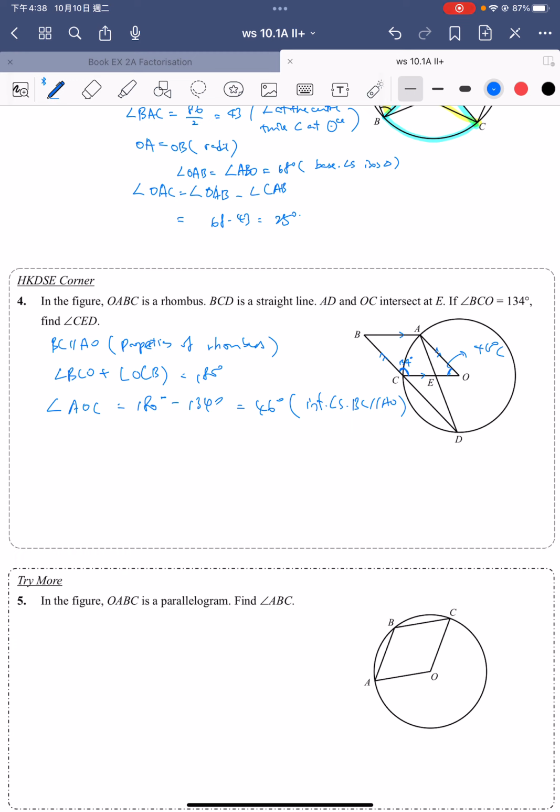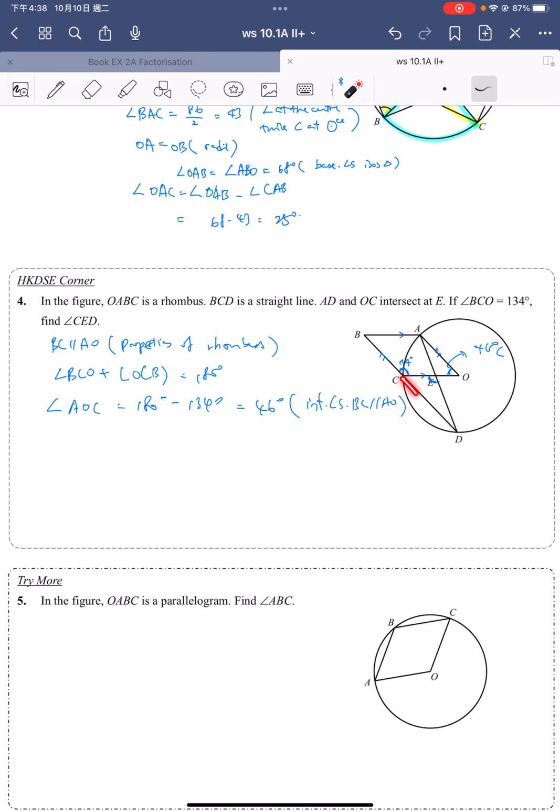And now if we want to find out the angle CED, which is actually this angle, then how are we going to do it? If you look carefully, you can find an angle at the center and an angle at the circumference, isn't it? This is the angle at the center, and it's subtending the arc, the circumference, together we got this CD.